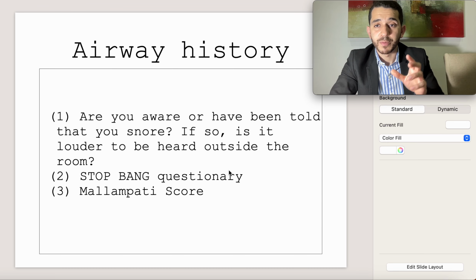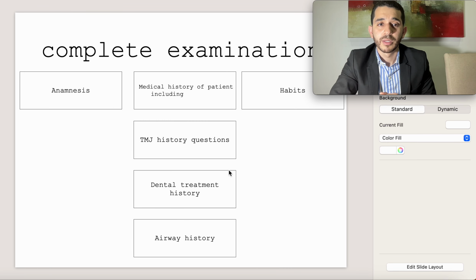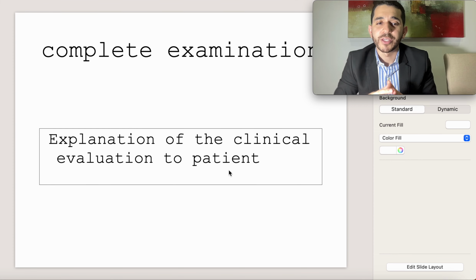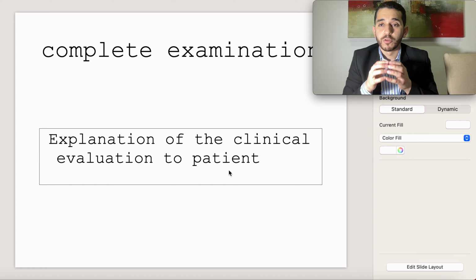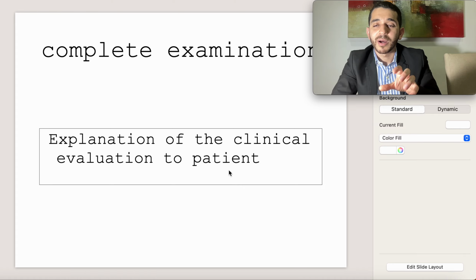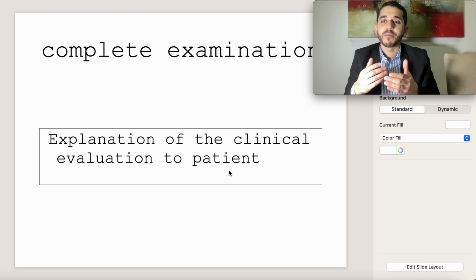Airway history is really important as well. The habits. And now the explanation of the clinical evaluation to the patient, to me, is one of the most important parts of the whole sequence of diagnosis. Why? Because it's in this part when you get a commitment from the patient.